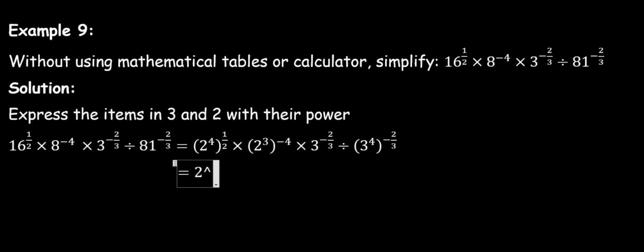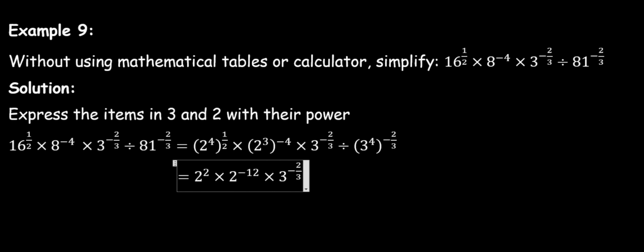In the case of the first 4, 2 will cancel out, denominator will cancel out in the power, so we'll be left with 2. So you have 2 raised to power 2 times, you will now have 3 times the powers will multiply each other, and that will give you 2 raised to power minus 12, in case of 3 raised to power minus 2 over 3 still remain as it is.